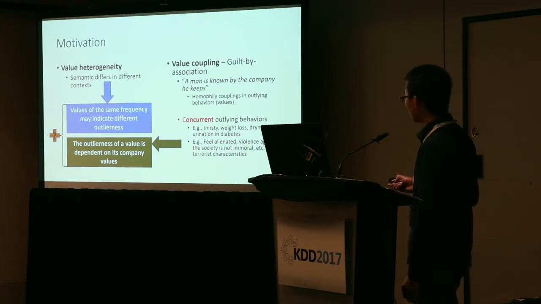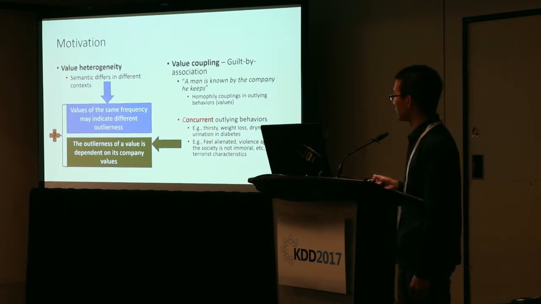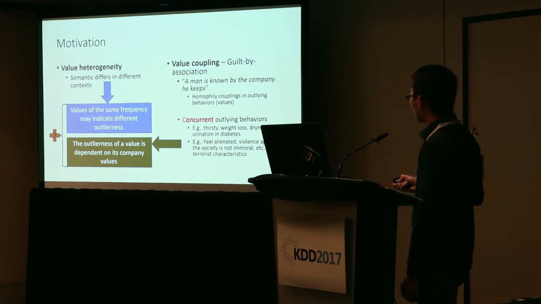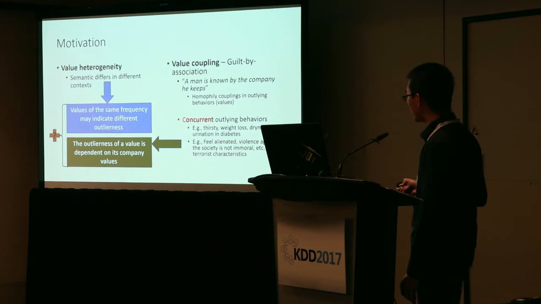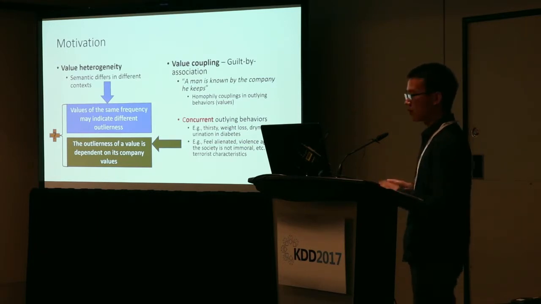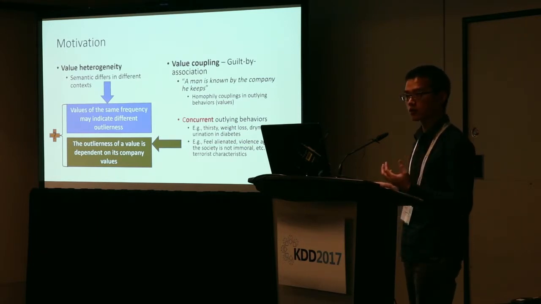This is also similar to the word-to-word or sentence-based recommendation. In outlier detection, it means that a behavior or feature value, how outlying it is, quite depends on the values it co-occurs with.